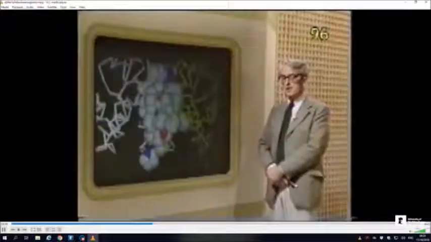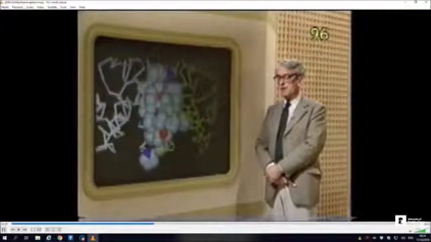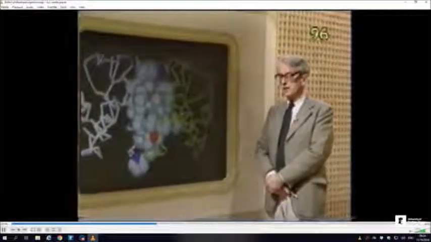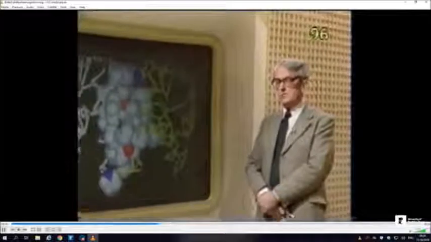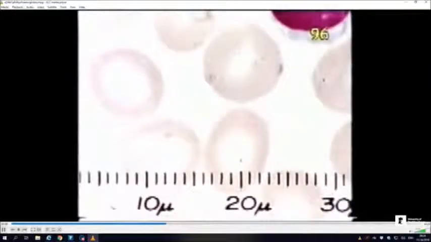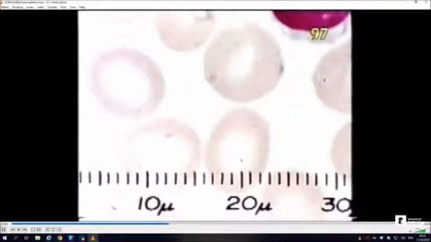Hydrophobic cores and sticky patches then are very important in aggregation of protein molecules. Let's look now at what happens if we turn to an abnormal hemoglobin which undergoes a further level of aggregation. Hemoglobin is involved in carrying oxygen in the red blood cells, and the red blood cells shown here have this nice characteristic disc-like shape, a biconcave disc.